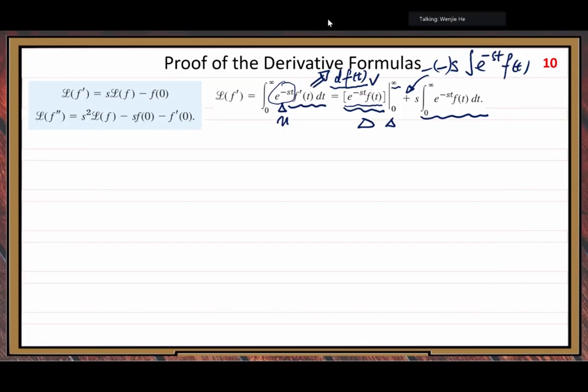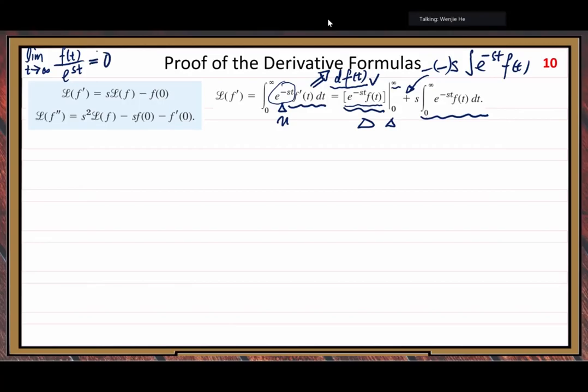Here there is a condition we need: the limit as t goes to infinity of f of t over e to the st needs to be 0.